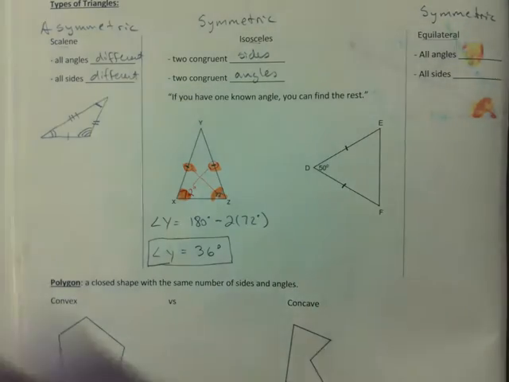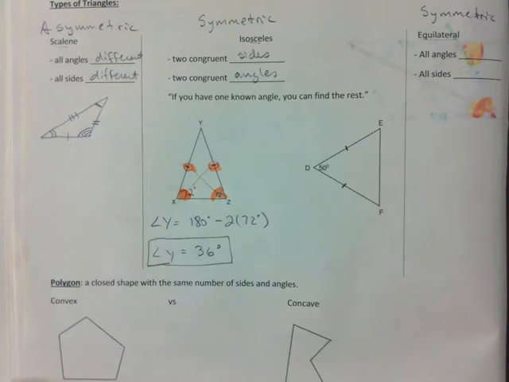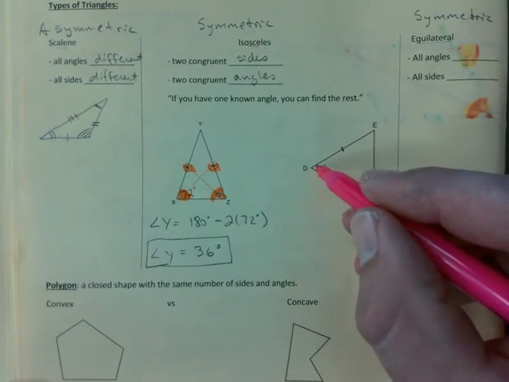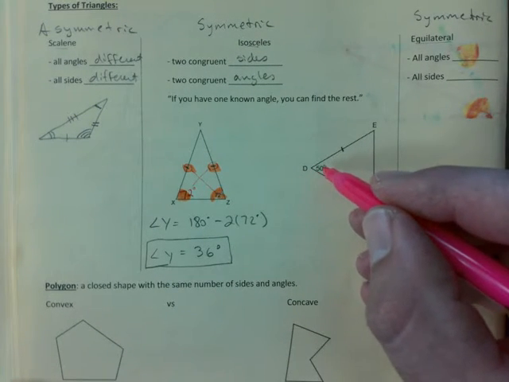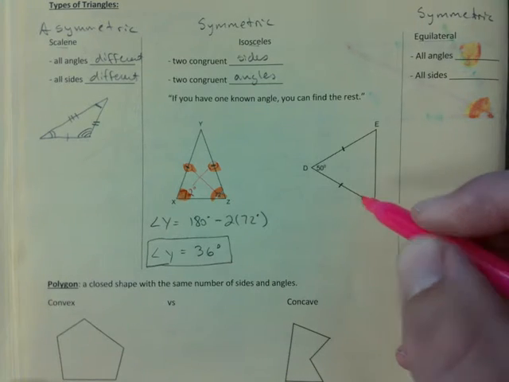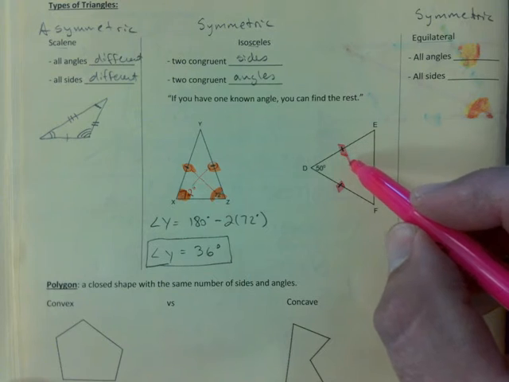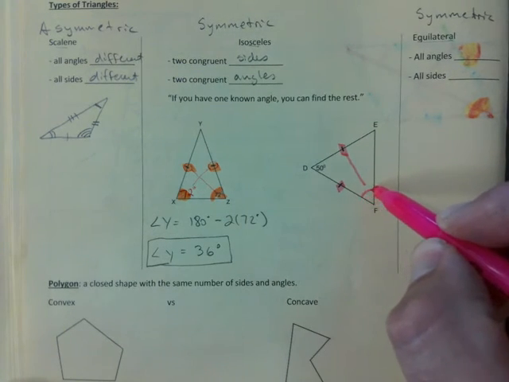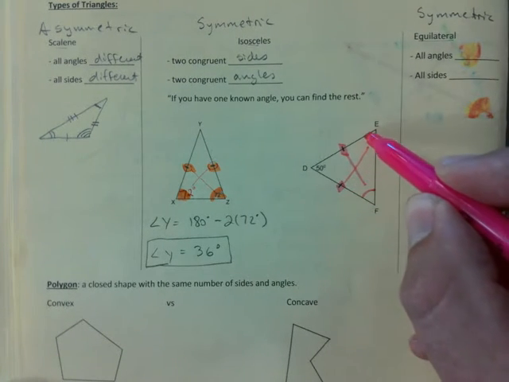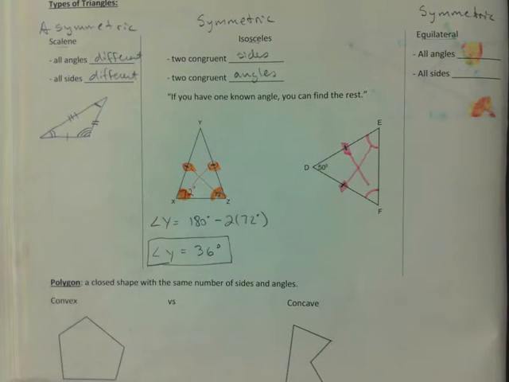Because, let's look at this next one. This is 50, right? And you're like, oh yeah, so therefore this is 50. No. Focus on these markings. And across this one, this is going to be the same as that. That's what we know.